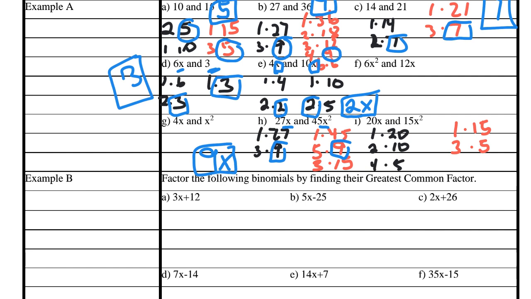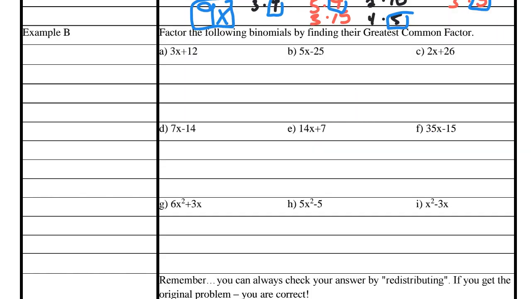The only thing that they share is a 5 and a 1. 5 is obviously bigger than 1, so we know that it's going to be 5. Now let's look at our x's. 20 has an x, 15 has an x squared, so they both have an x in common. So it'll be 5x. So finding the greatest common factor is the first step, okay?